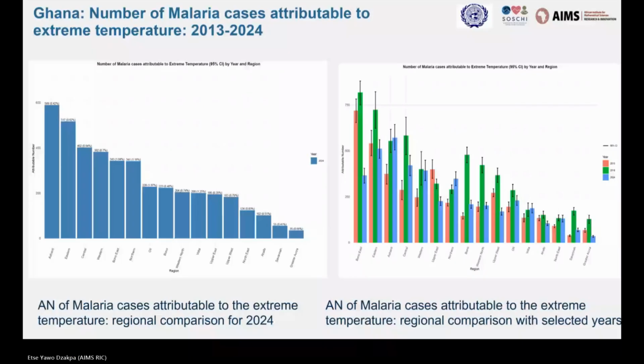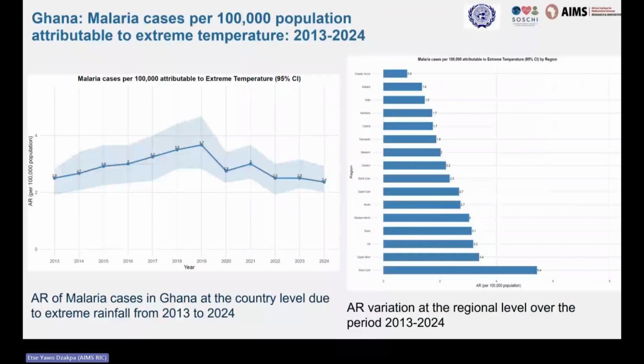So for the attributable rates, we now consider the population, because we know that each region doesn't have the same population, so we include the population to easily compare and have the incidence.